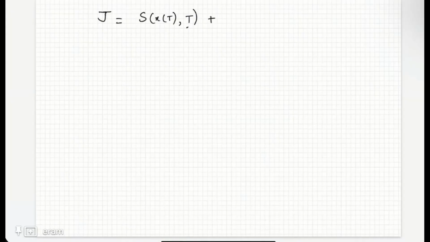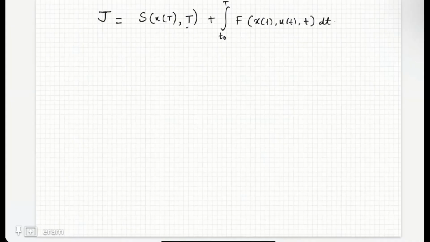So suppose we have the cost function J, which is of the form S of x(T), that is, this terminal cost is a function of the final state, the state value at the final time T, as well as the final time T, and as usual the functional, that is the function of x, u and t.